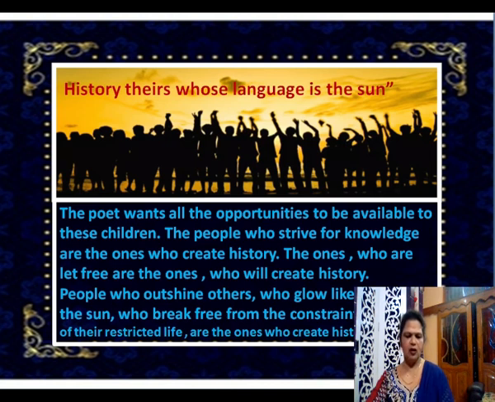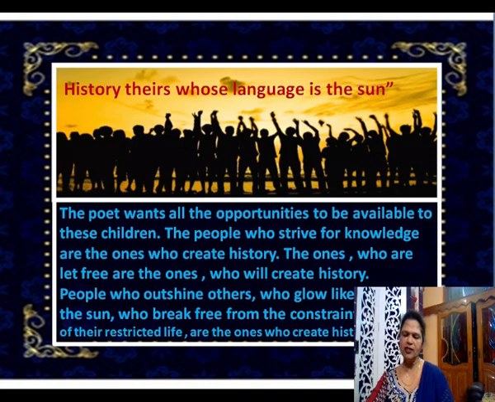The people who strive for knowledge are the ones who create history. The ones who are let free are the ones who will create history. People who outshine others, who glow like the sun, who break free from the constraints of their restricted life, are the ones who create history.